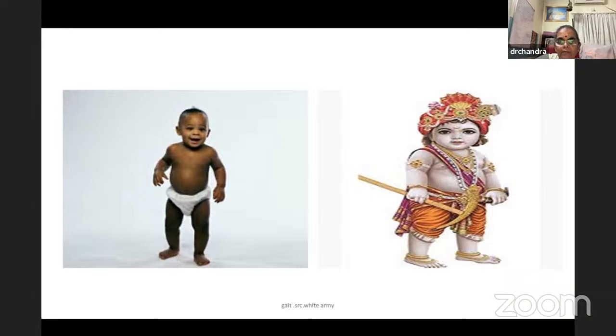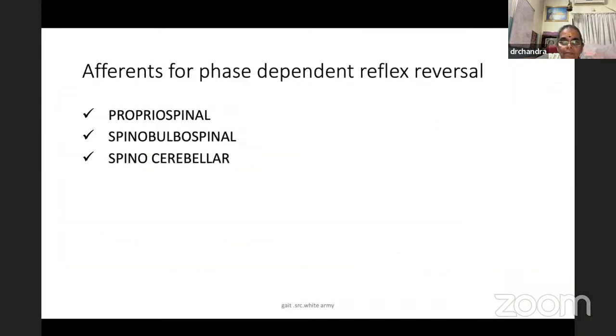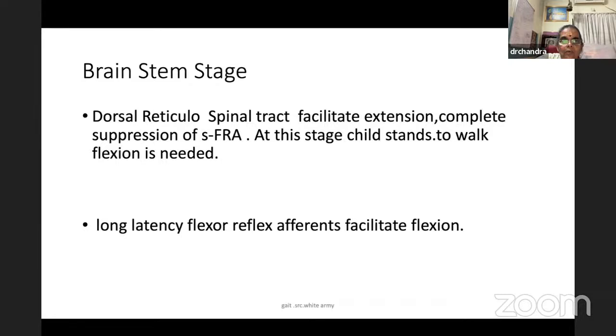So the dorsal reticulospinal tract facilitates extensor tone and the voluntary component comes into play. So this is the brainstem stage. The dorsal reticulospinal tract facilitates extension, suppresses SFRA, and at this stage, as you saw, the child will stand.